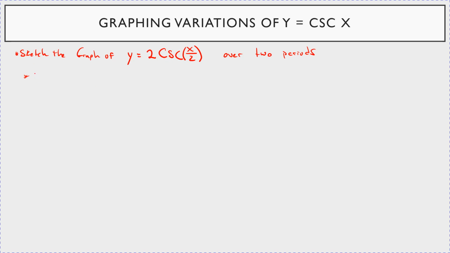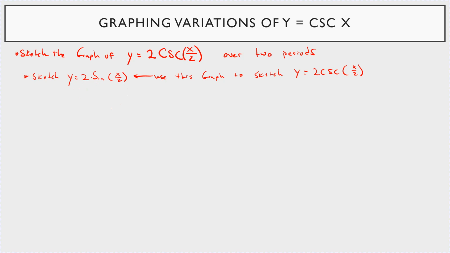So you're going to sketch y is equal to 2 times sine of x over 2, and then you're going to use this graph to sketch y is equal to 2 times cosecant of x over 2.